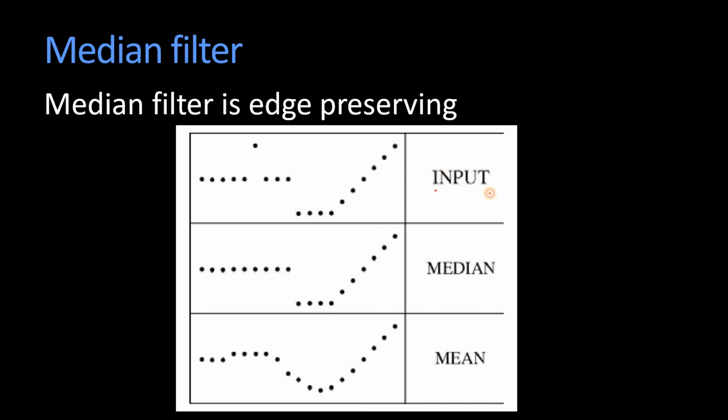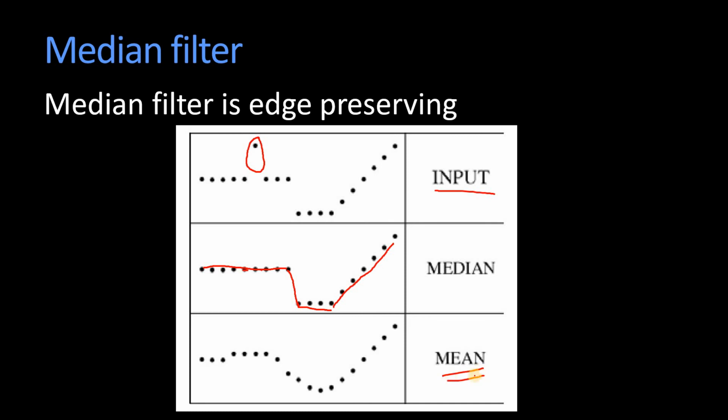So this is the example. This is your input. In this case, this is the noisy signal. If you apply the median filter, median will take the neighbor values and it will remove this totally. And overall, there is no other change that occurs in the signal. Other values are similar.